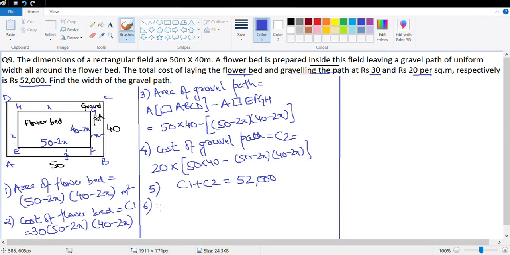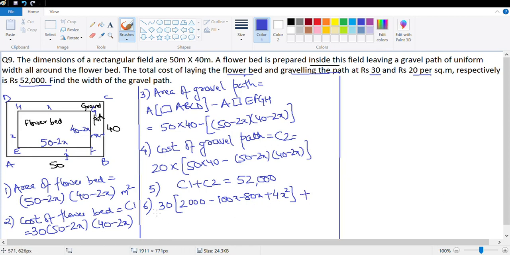So this is the first one, which is C1, 30 times 50 into 40, that's 5 into 4 is 20, that's 2000 minus 100x minus 80x plus 4x squared. Let's just reconfirm. Yes, this is 30 times (2000 minus 180x plus 4x squared).